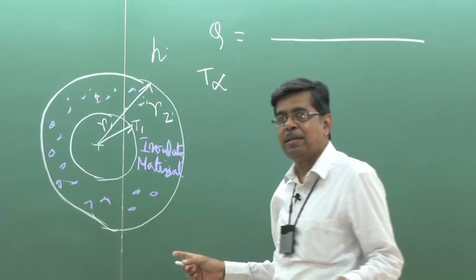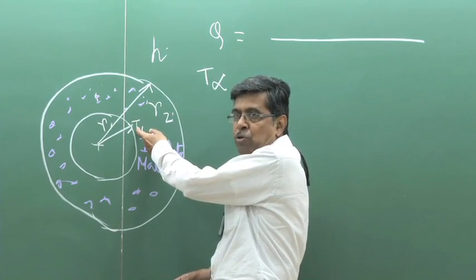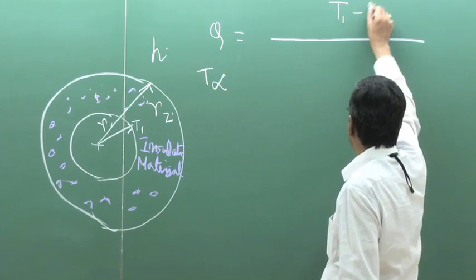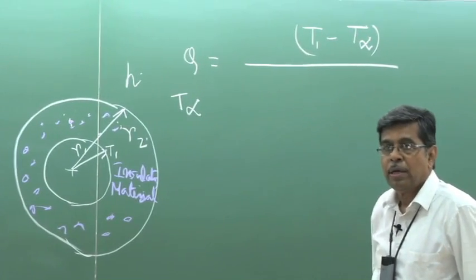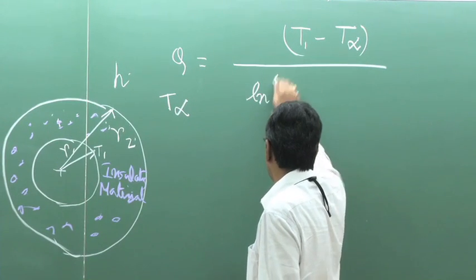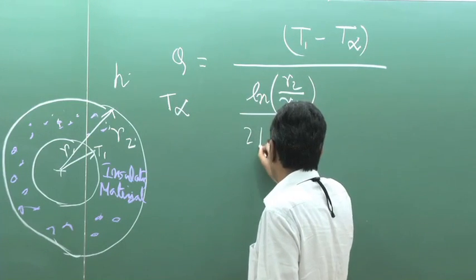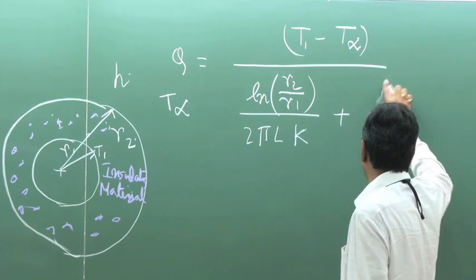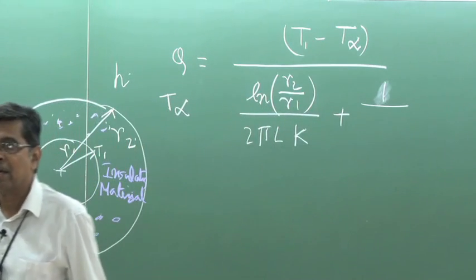Now I can write the rate of heat transfer connecting the extreme potentials, T1, by which the problem is prescribed, and the ambient temperature: T1 minus T infinity, and in the denominator there will be two resistances in series. The first one is the conduction resistance, that is ln R2 by R1 divided by twice pi L k, plus another resistance which is the convective resistance from the outer surface to the air.